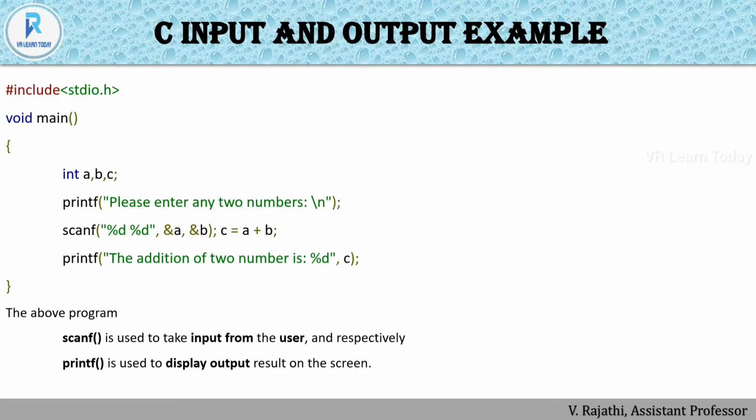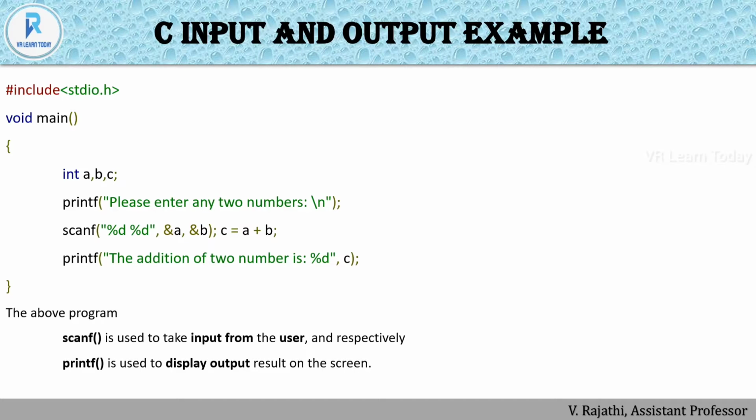This is the output function, and next is scanf, which is the input function. We use %d %d because we have to get two numbers. This is called reading data, and for reading we have to use scanf.